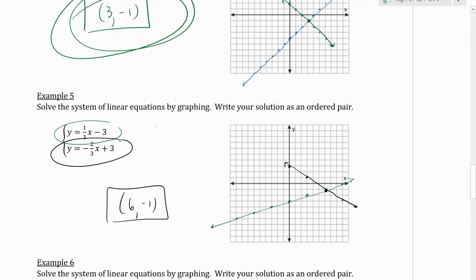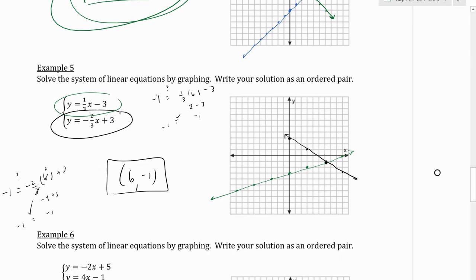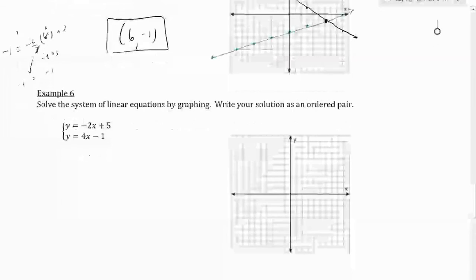That's the solution. And I can check. Is -1 a third of 6 minus 3? A third of 6 is 2. Yeah, yep, it is. Is -1 -2/3 of 6 plus 3? Let's see, a third of 6 is 2. That's -4 plus 3. It is. I know I'm right.